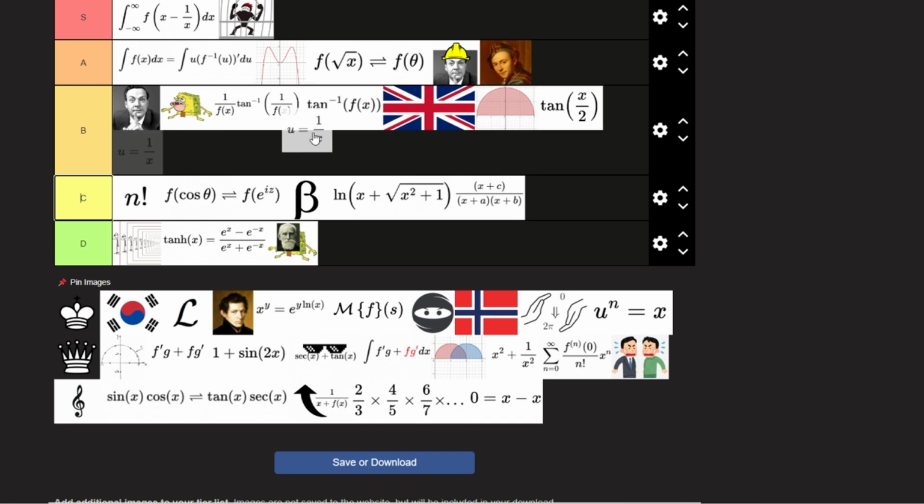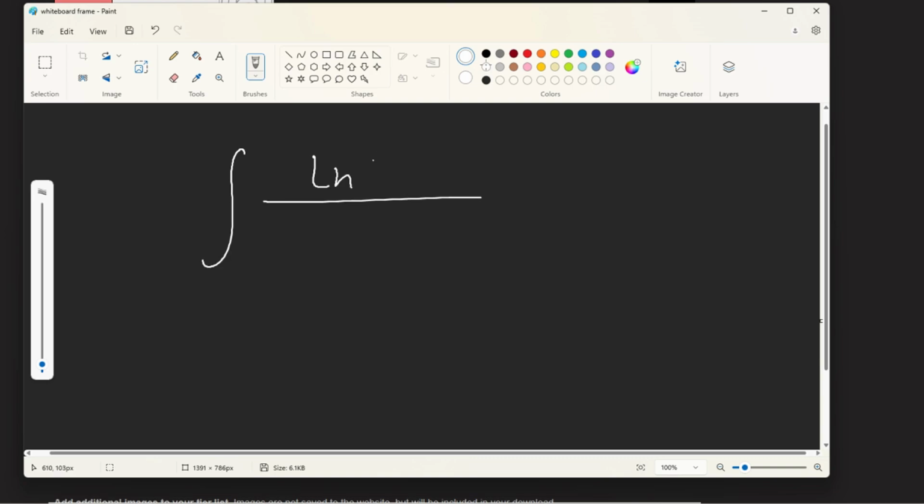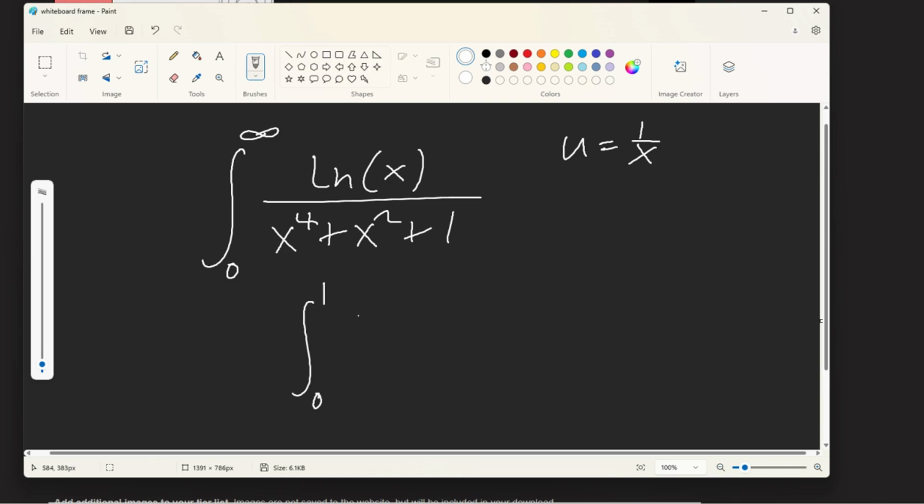U equals 1 over x. There are some times when it comes to advanced integrals, when you do u equals 1 over x, it's not always satisfying, because realistically, don't get me wrong, it's a very helpful technique, but when it comes to things like Arabic style integrals like ln of x, you have to manipulate, oh, let's use 1 over x, but only for the sake of changing the bounds to from 1 to 0.